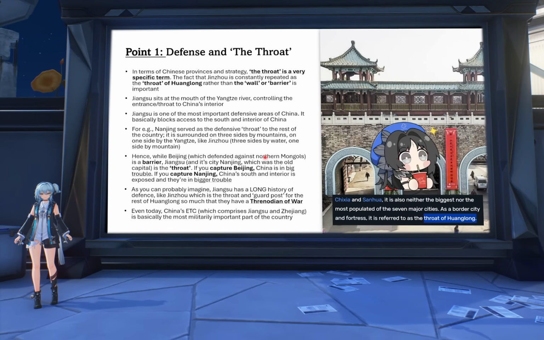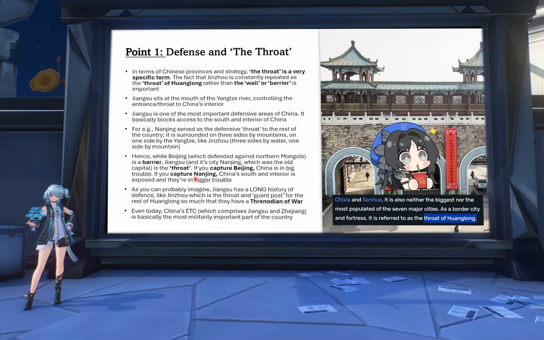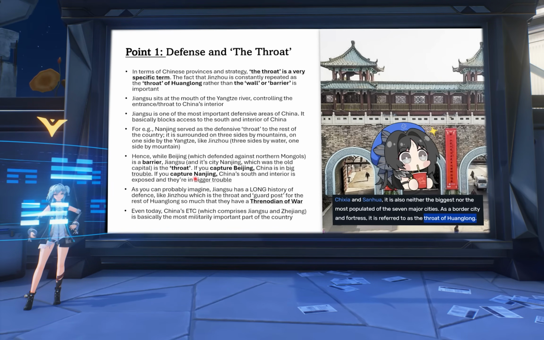But Jiangsu, and Nanjing by extension, is different. There's a difference between a wall, like a barrier, and the throat. If you capture Beijing, China's administration is obviously very affected, and it's in big trouble. But if you capture Nanjing, China's kind of cooked, right? Because Nanjing is the entranceway into all of China's more vulnerable provinces in the interior and the south.